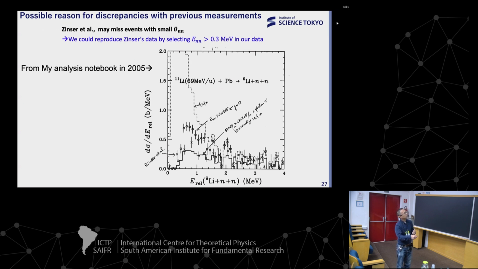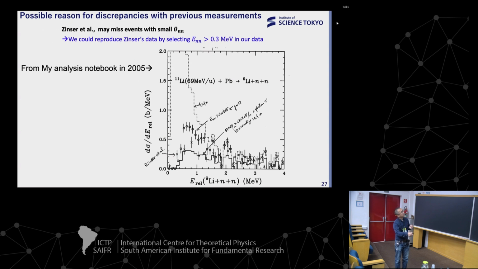Then I artificially selected the neutron-neutron relative energies to be larger than 300 keV. This means that we just mimic the situation of GSI. GSI didn't have any sensitivity below 300 keV in two-neutron relative energies.